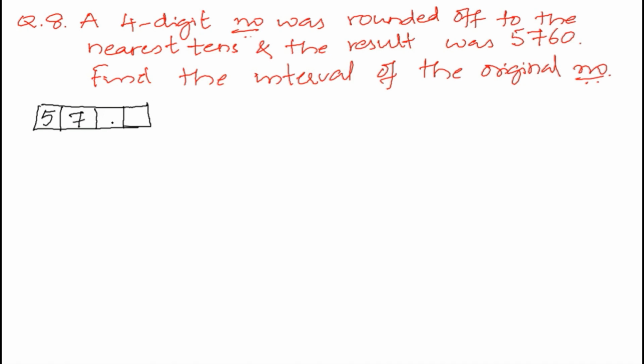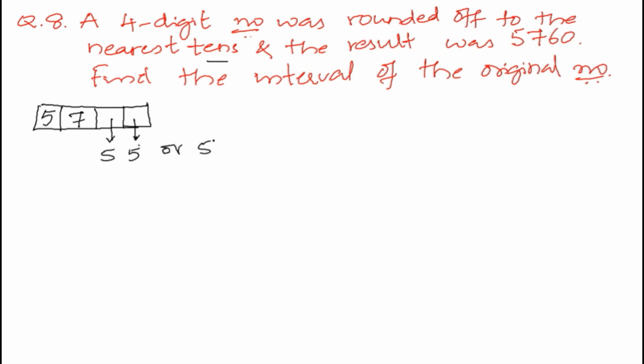Now, to get the result as 5760, it should have the numbers like 55, because when you are rounding off to nearest tens, we have to look into the units place.